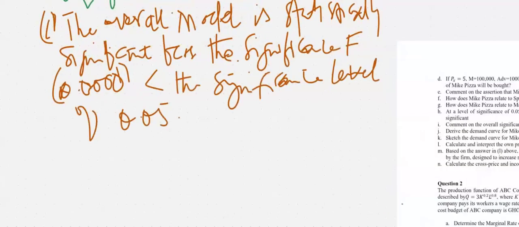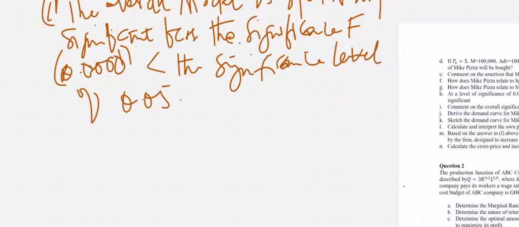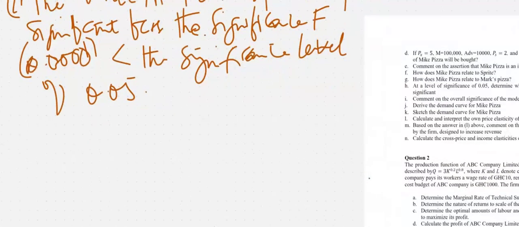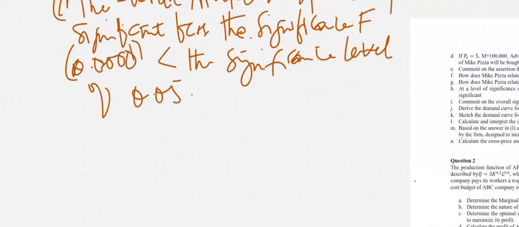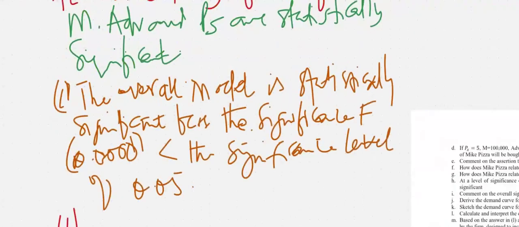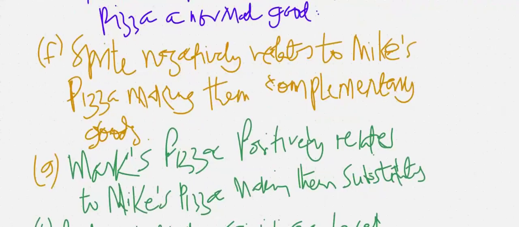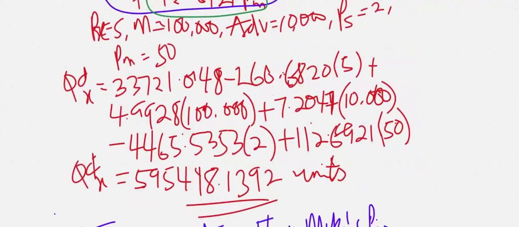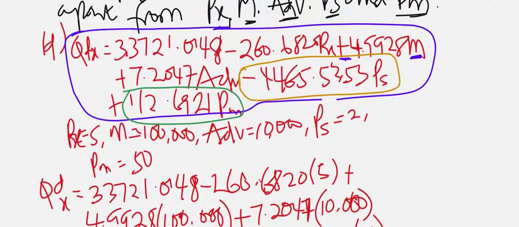Now we proceed to J. It says derive the demand curve for Mike Pizza. Now we'll go back to the equation, the D equation, question D. The demand model, or the estimated demand equation, which I've circled. We are going to change every value there except PX.